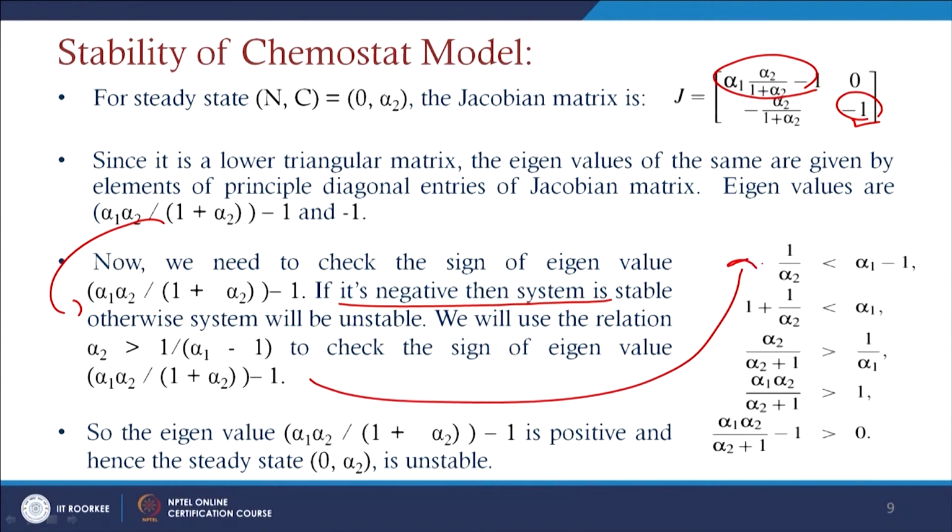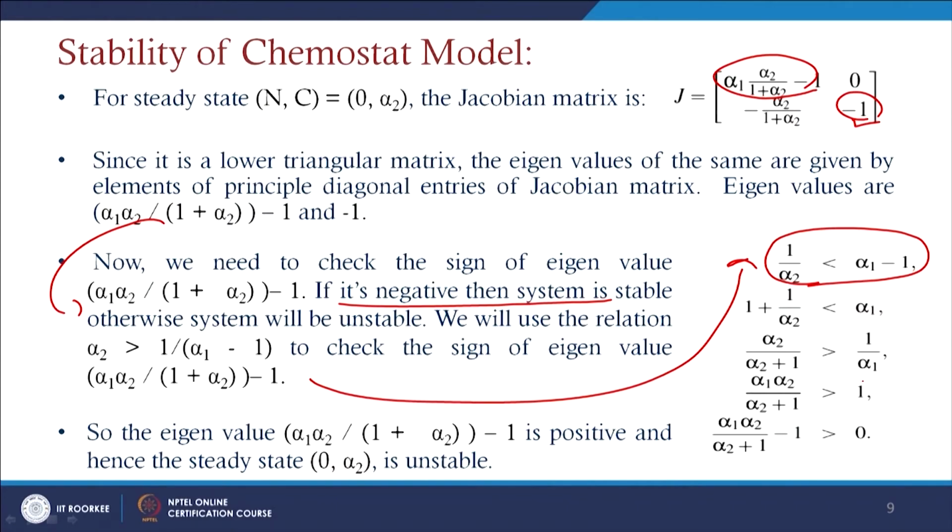Since alpha 2 is greater than 1 by alpha 1 minus 1, obviously we can write 1 by alpha 2 is less than alpha 1 minus 1. Alpha 1 is kept on the right hand side and 1 is taken to the left hand side, and we can write 1 plus 1 by alpha 2 is less than alpha 1.